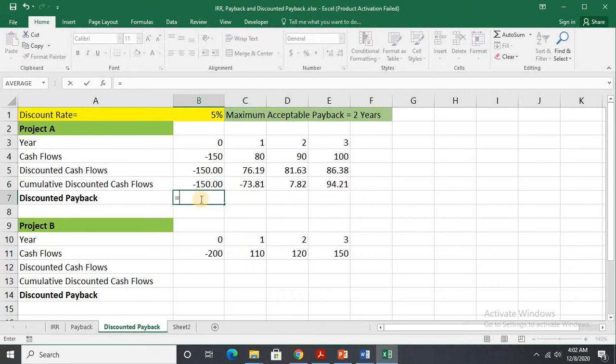Again equal sign, cash flows are fully recovered after 1 year, so 1 plus first bracket last uncovered cost is 73.81, divided by total discounted cash flow during year 2 is 81.63. Close the bracket, press enter.